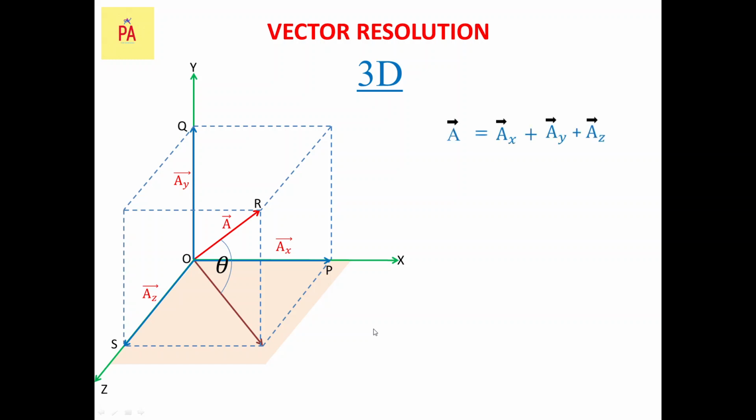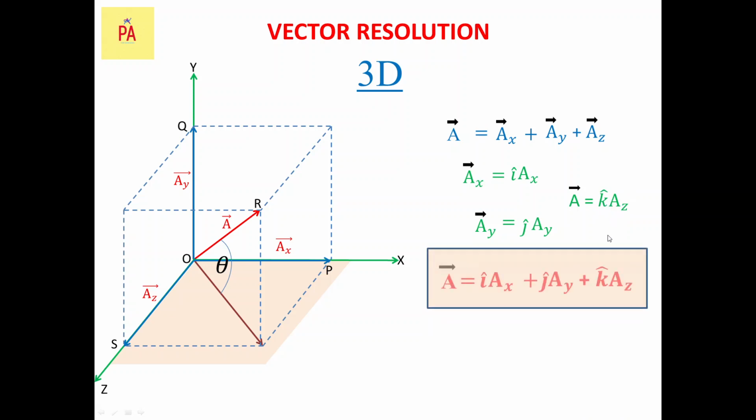Now again, since in 2D we have written A equal to AX plus AY, here another axis comes into the picture, plus AZ. In a similar way, AX equals i AX, AY equals j AY, AZ equals k AZ. Now this term will be your AZ. It's a typographical error that came. So it is AZ equal to k AZ.